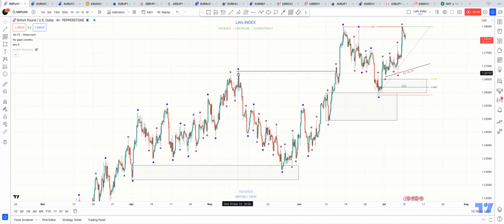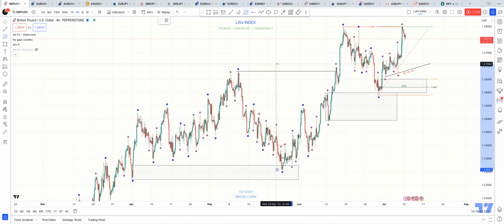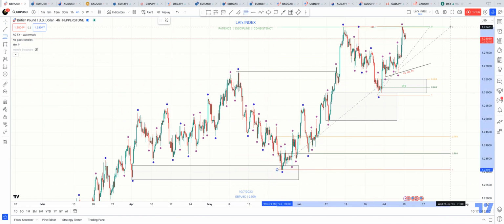Now this swing, right? This whole range got taken by the body of the candle, right? So what that means is that price closed above that high.